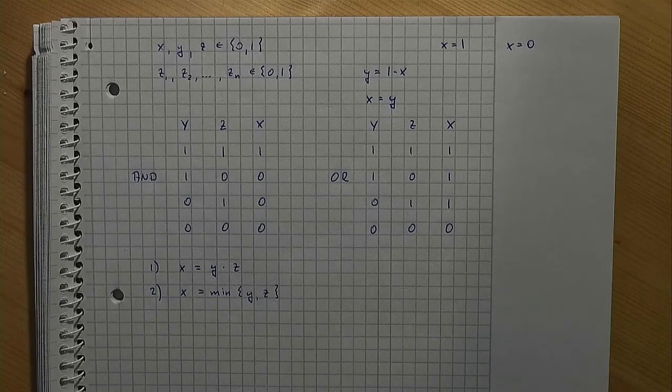But sometimes we prefer to have a linear formulation, which is a bit more tricky. For a linear formulation, we see that if y is 0, x must be 0 too. And this can be expressed like so.